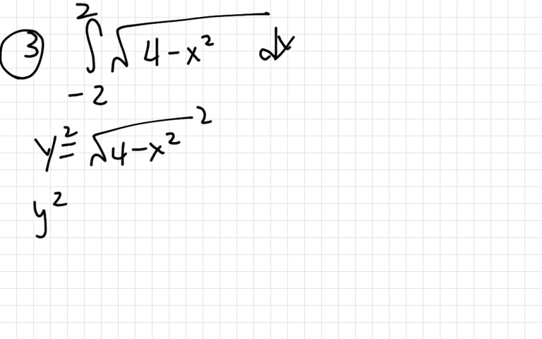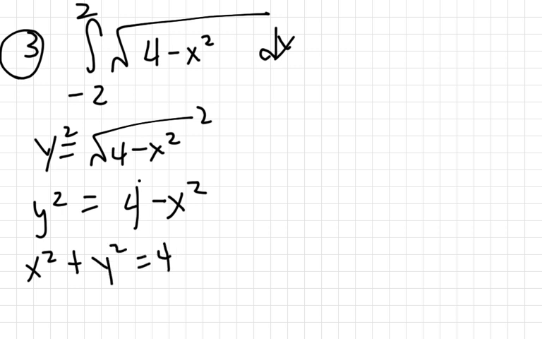So you had y squared equals 4 minus x squared, and then added x squared to both sides, so x squared plus y squared equals 4. Now this should look very familiar. That is the equation of a circle.